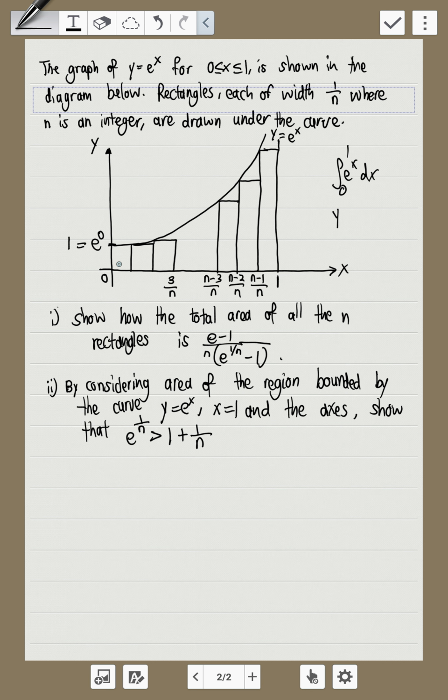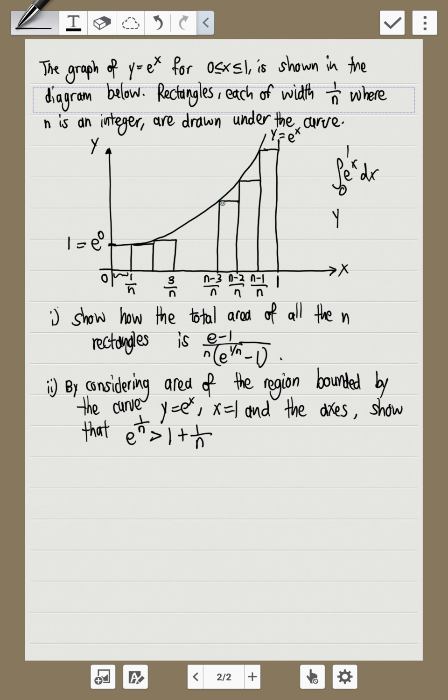And that means the area of this rectangle is what? There are n rectangles, each of width 1 over n, so this length must be 1 over n. Do I take 1 over n multiplied by 1, or 1 over n multiplied by e^(1/n)?